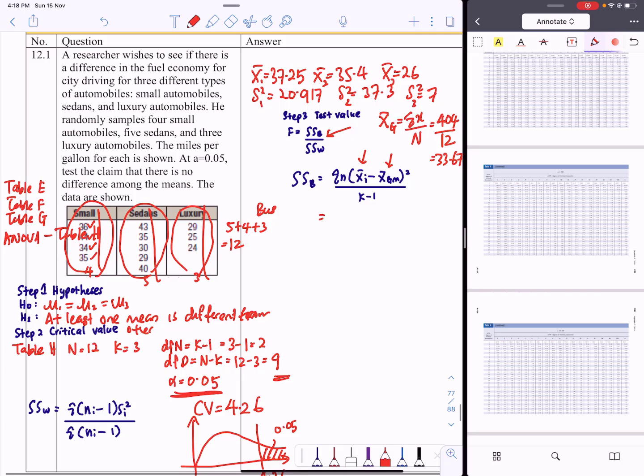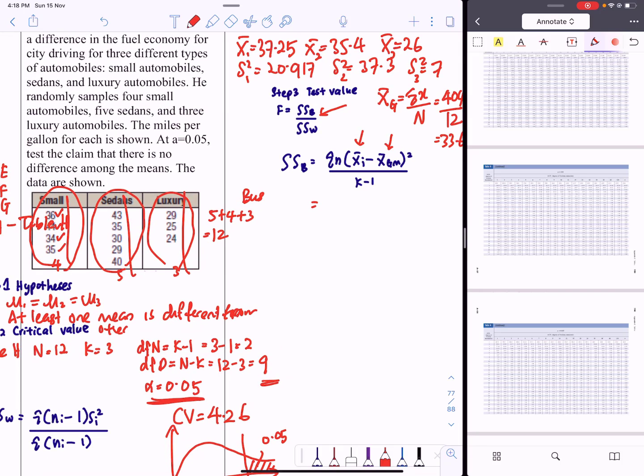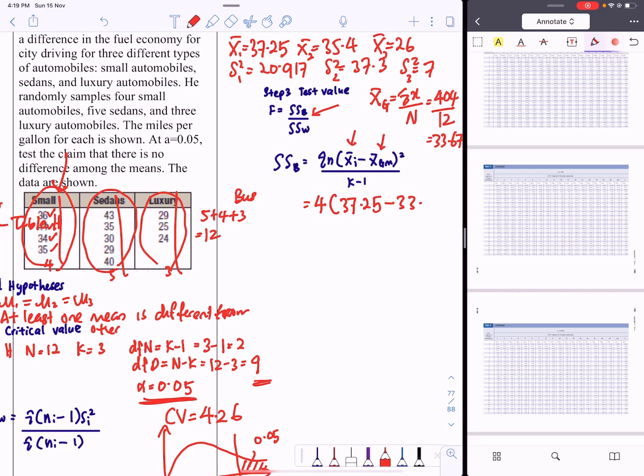Okay, what is n? For the n, we have n number 1 for the small, we have 4 here for small. And then inside the bracket, what is the mean for number 1? 37.25 minus dengan general mean 33.67 squared. Okay, squared, and then we plus. Kita plus je dulu, bawah tu baru kita kira kemudian.